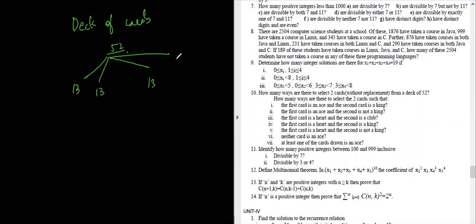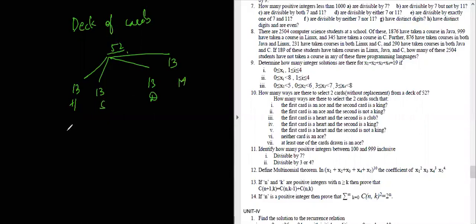let me explain the deck of cards problem. So in the deck of cards, totally there will be 52 cards. Out of the 52 cards, you will have 4 categories: hearts, spades, diamonds, and clubs. So these are hearts, spades, diamond, and clubs.